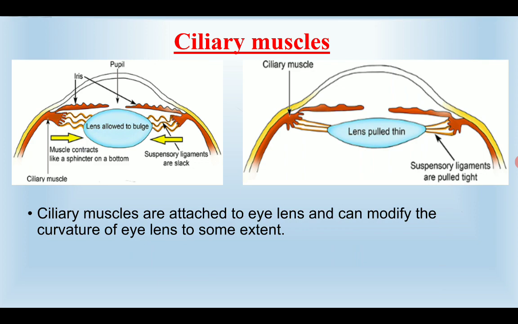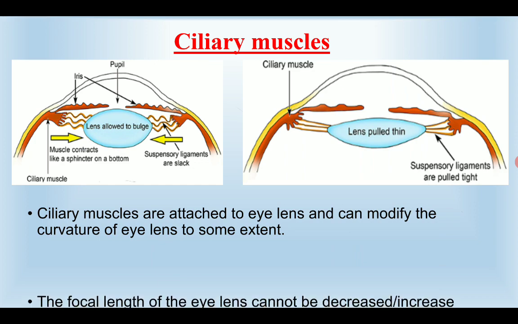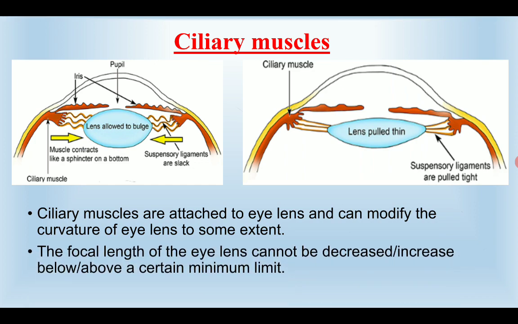The change in curvature of the eye lens can thus change its focal length, as we had already discussed. And the focal length of the eye lens cannot be decreased or increased beyond certain limits. So when the muscles are relaxed, the lens becomes thin.